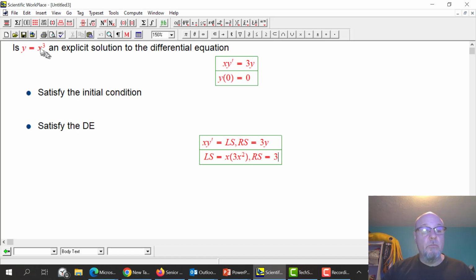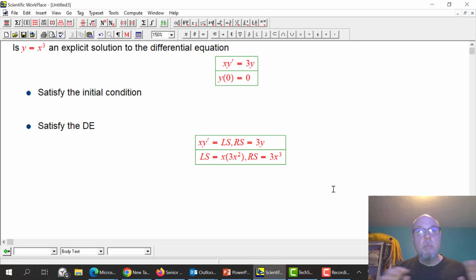Well, if y is equal to x cubed, there's the left side and right side, both written in terms of x, and that makes the left side equal to 3x cubed and the right side equal to 3x cubed. Now I can say it's equal. So I can say left side equals right side, therefore y equals x cubed is a solution.